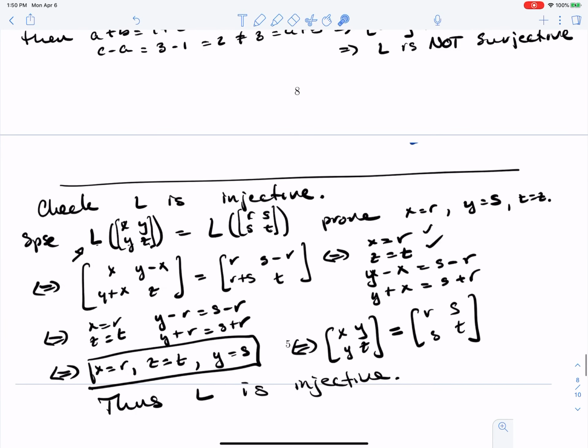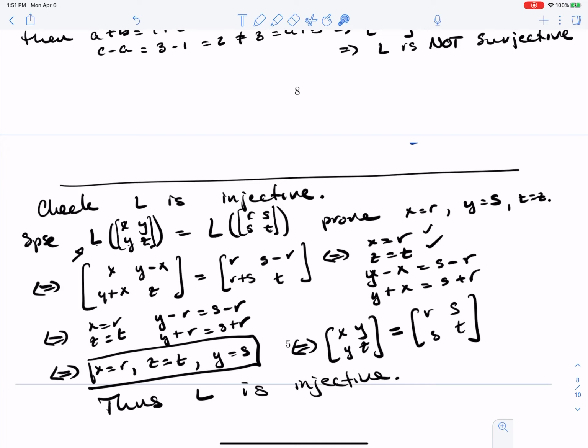So now we're just going to work out what that means. So we have X is R. We have Z is T. We have Y minus X is equal to S minus R. And we have R plus S is equal to X plus Y plus X. So that's this last equation here.